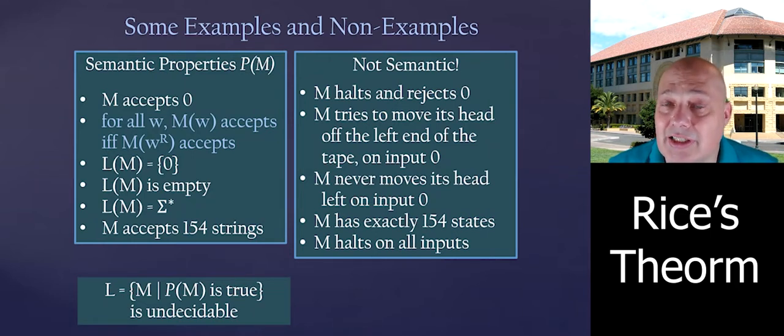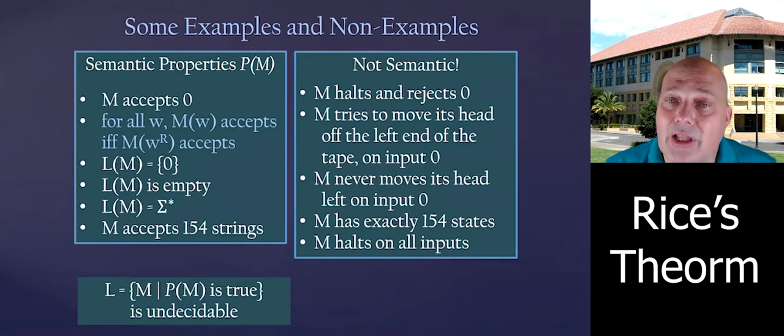But the language is still the same language. M tries to move its head off the left end of the tape on input 0. This is a property that depends on the implementation. We can have another implementation where this doesn't happen. M never moves its head left on input 0.